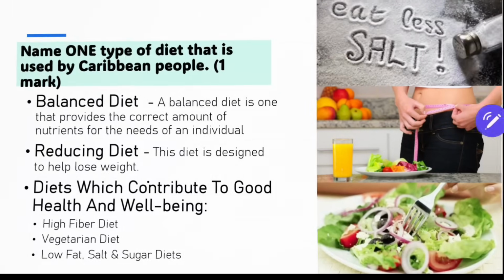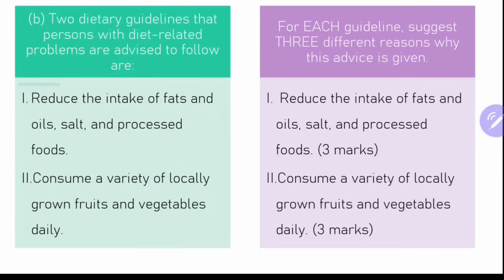All right, next. 2 dietary guidelines that persons with diet-related health problems are advised to follow are: 1, reduce the intake of fats and oils, salt, and processed foods. 2, consume a variety of locally grown fruits and vegetables.